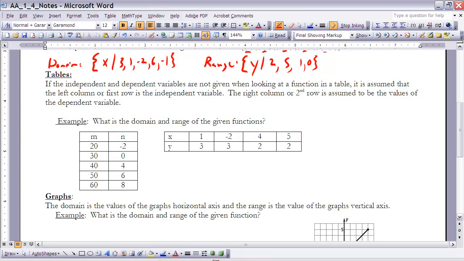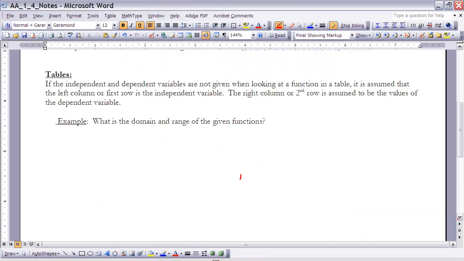So if I say, what is the domain and range of these given functions? Well, the domain here would be these values for this one, and for this one, it would be these values. In terms of set builder notation, the domain, I'm going to do it for both of these. It's a set of values m such that we have 20, 30, 40, 50, and 60.